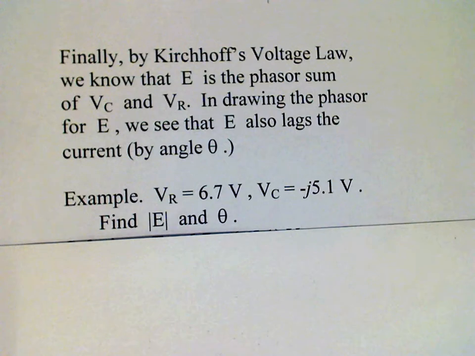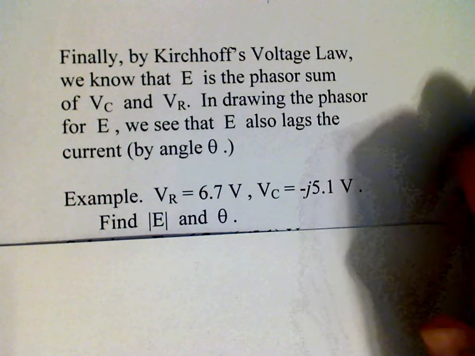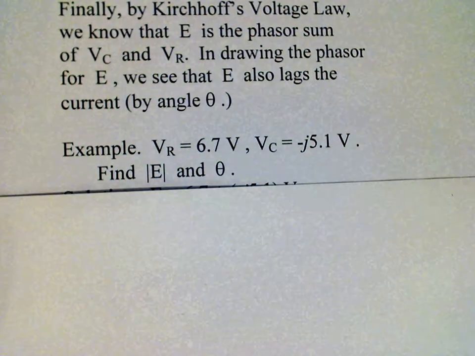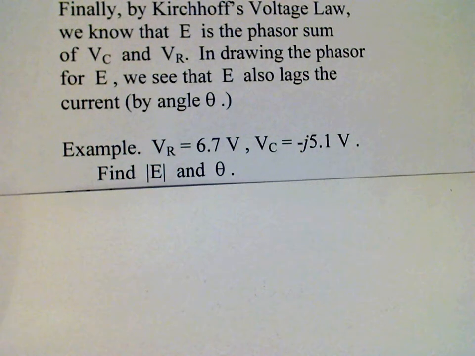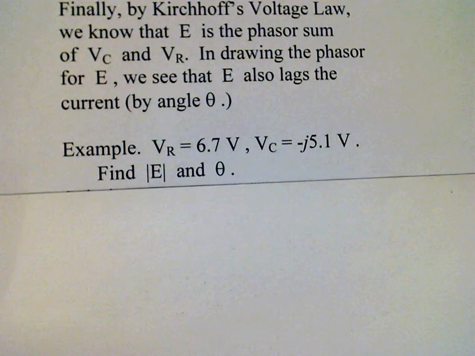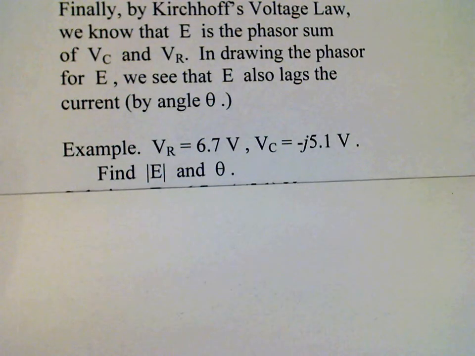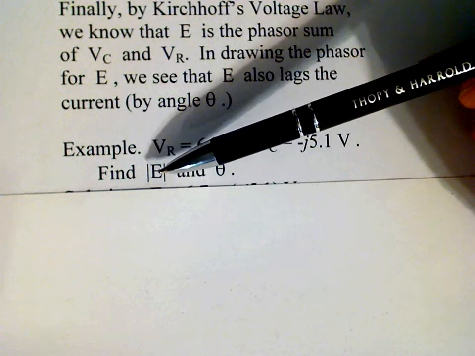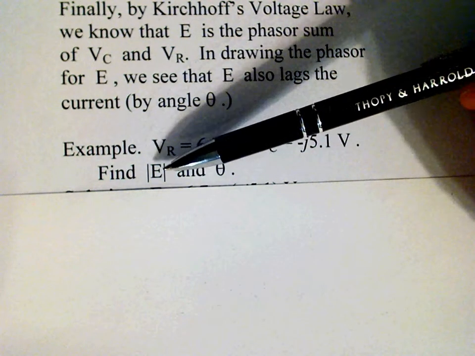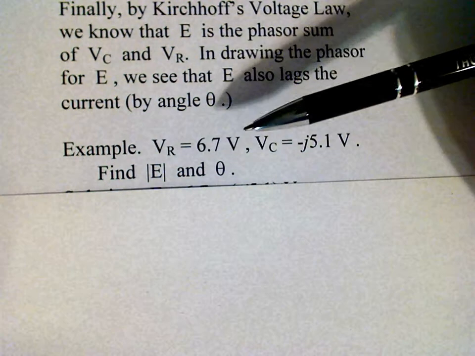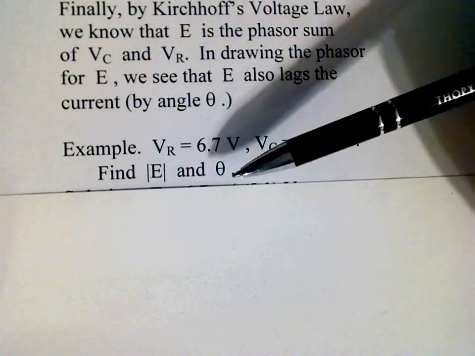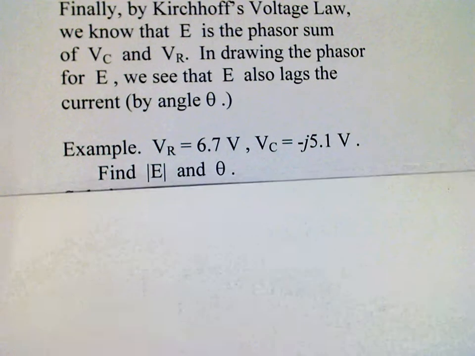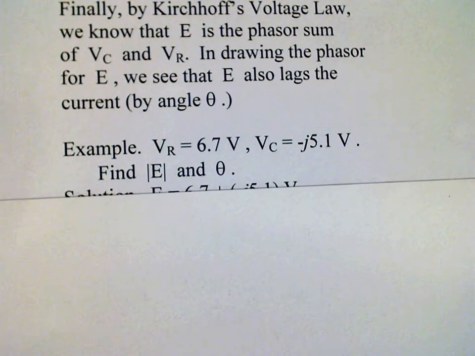Well, we could do this geometrically if we had graph paper and we could draw very well, but it's a lot easier just to do it algebraically, because we know that the magnitude of the sum phasor can be found by the Pythagorean theorem, and the angle can be found using the inverse tangent, which we looked at in the previous video.